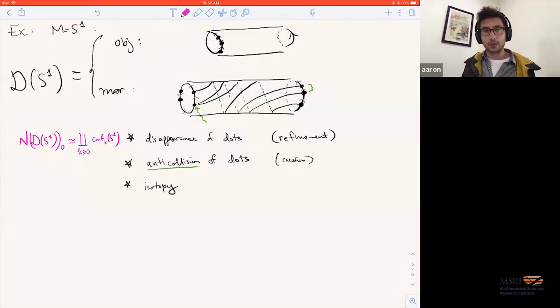So hopefully that should be plausible. After all, oops, not 0, but rather 1. I've described the objects like this. You have to have at least one dot, and then equivalences between them, which is all I'm describing here. All that can happen is that the dots slide around. So that's exactly the configuration space.